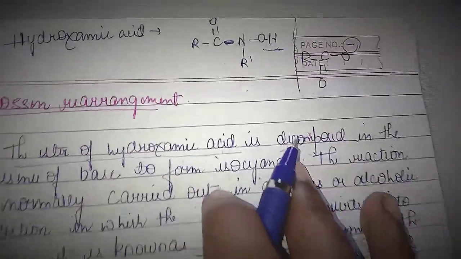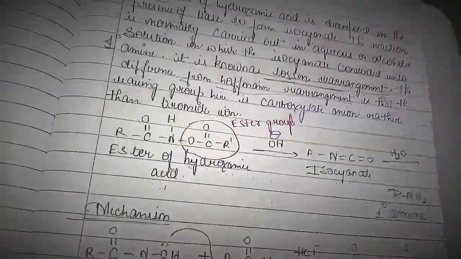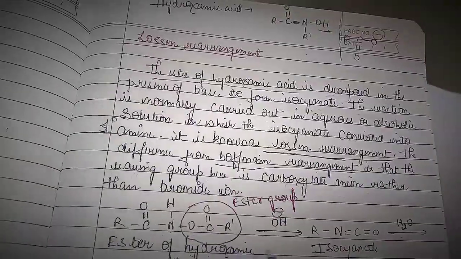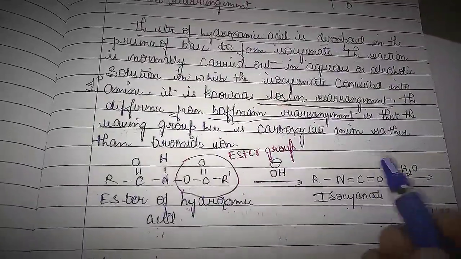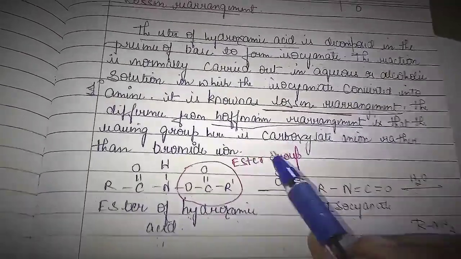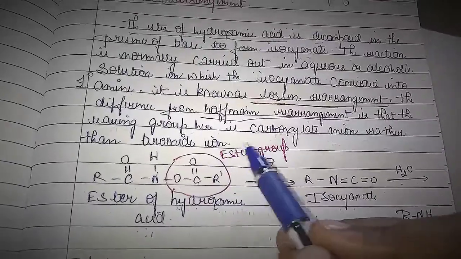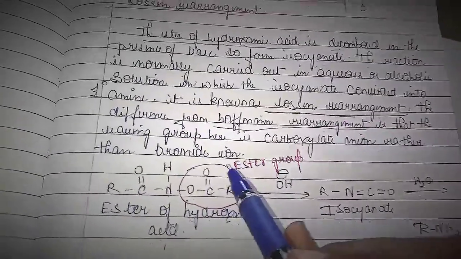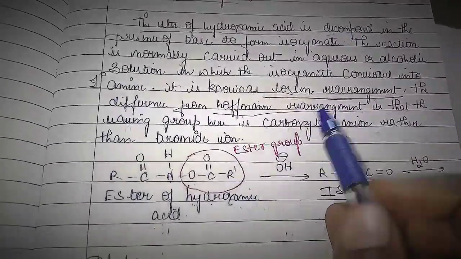Here in the case of Lossen's rearrangement, carboxylate anion is a leaving group. But in the case of Hofmann rearrangement, bromide ion is a leaving group.